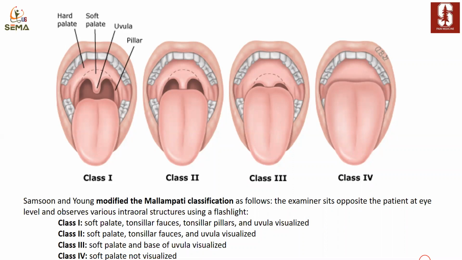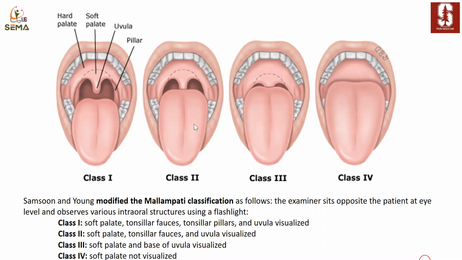Class 1, as you see, you are seeing clearly the soft palate, the whole uvula, the tonsillar fauces, and the tonsillar pillars, and everything, right?